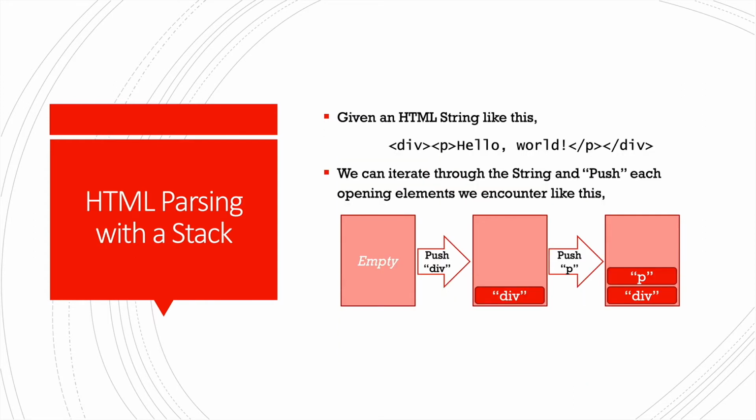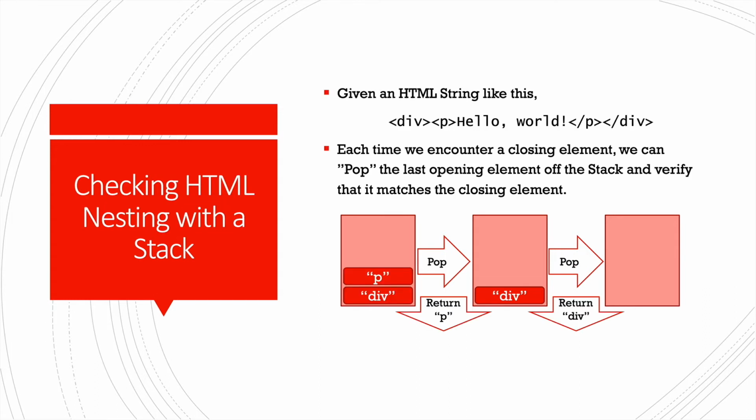So in the context of our current problem, what we can do is, as we parse through an HTML string, we can go ahead and push each of the HTML opening elements we encounter onto a stack. So in this case, we encountered the div opening element and then the paragraph opening element. As we encounter each one, we can push it onto our stack, and then we know which opening elements we saw most recently.